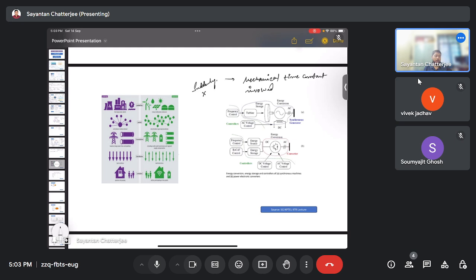Okay, so when we have a mechanical time constant involved, we'll have to give that much amount of time after the system gets shut down, or not shut down, we would say reduce its generation, or to meet the generation load imbalance. Okay, so therefore we can do one thing.